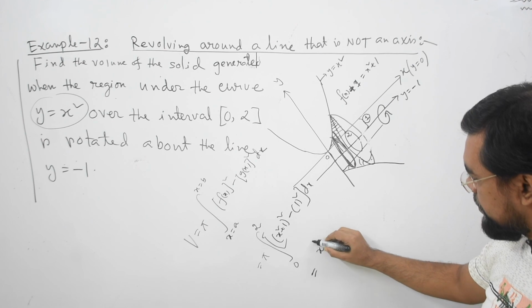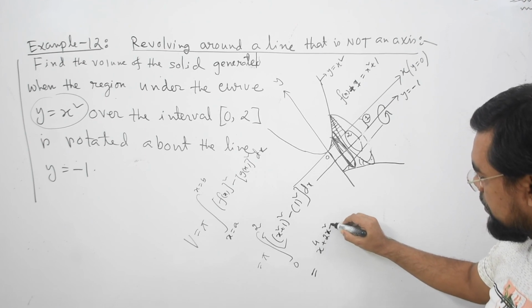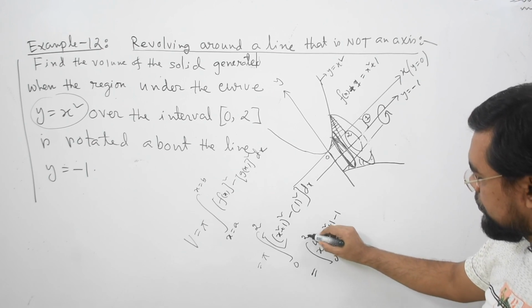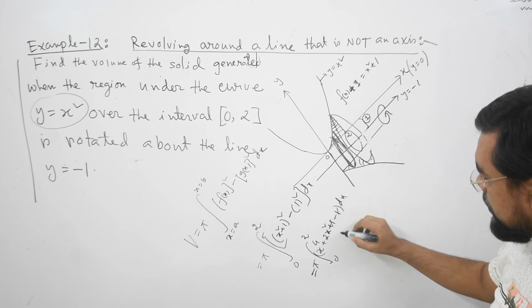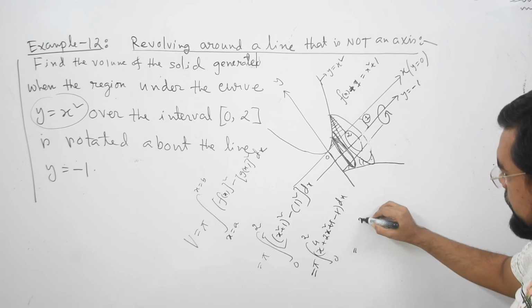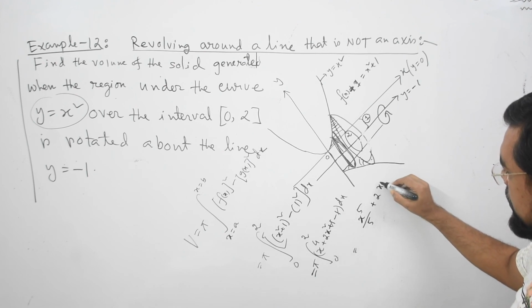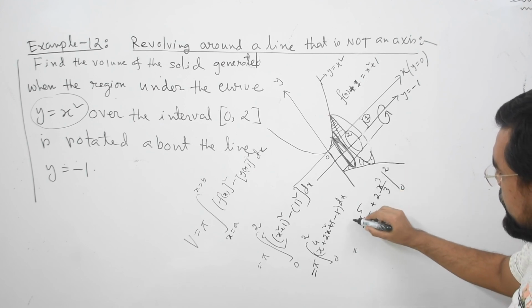So if you simplify it, you will get pi times the integral from 0 to 2 of x to the power 4 plus 2x square plus 1 minus 1 dx. So 1 and 1 will cancel. Integration of x to the power 4 is x to the power 5 by 5, plus 2 x cubed by 3, from 0 to 2, times pi.